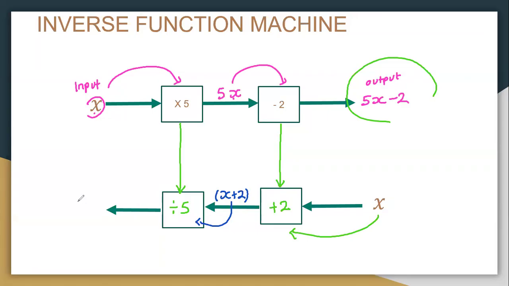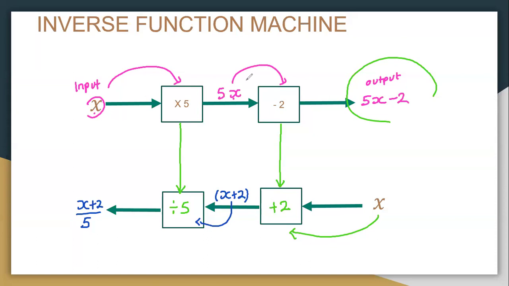So it means that I'm going to get x plus 2, divided by 5. Members, are we on the same page up to that point? Is everyone okay with that?